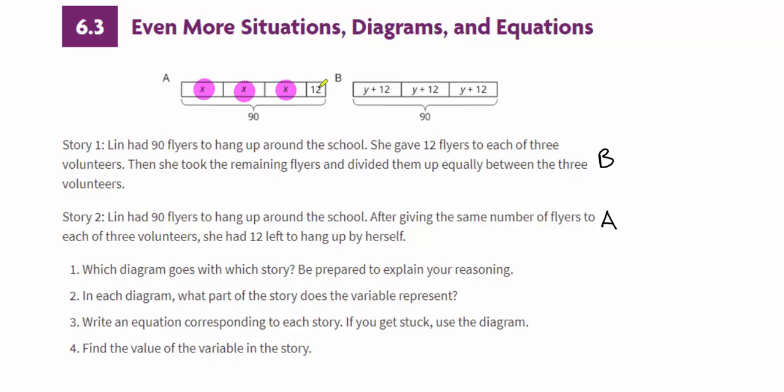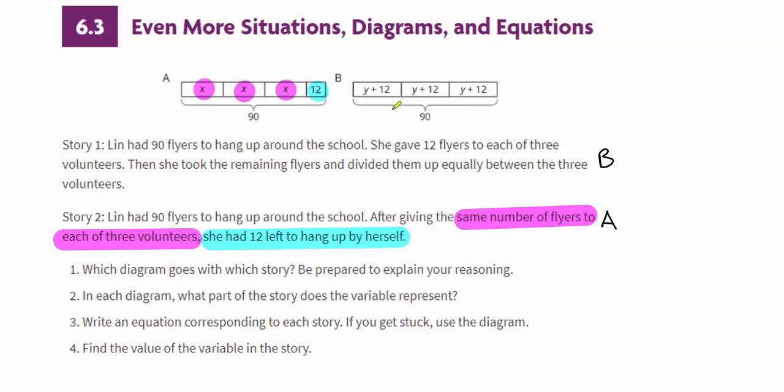And then she had the 12 to hang up by herself. So here the variable represents the same number of flyers to each of the 3 volunteers, and the 12 represents the amount she had to hang up by herself.